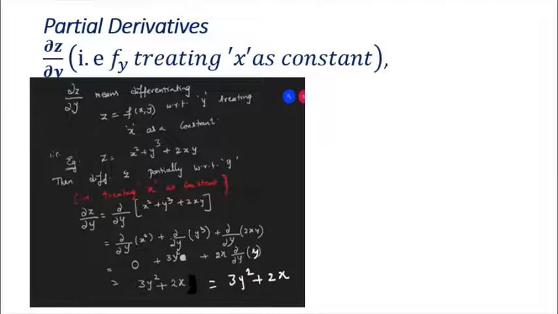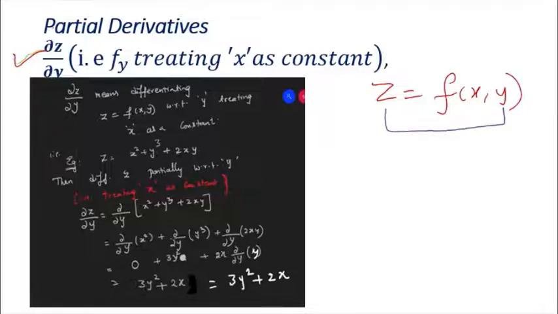Next, let us look at dou z by dou y. So dou z by dou y means differentiating z with respect to y and treating x as a constant. Or you can write it as fy.